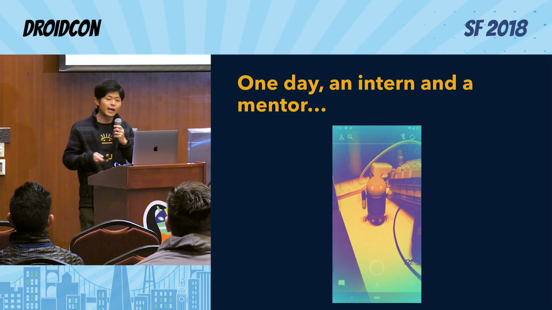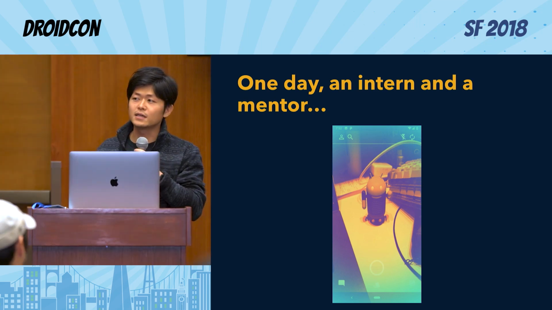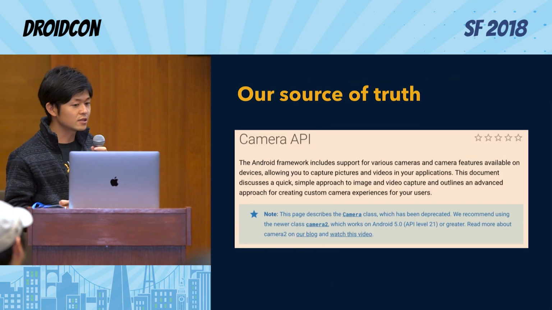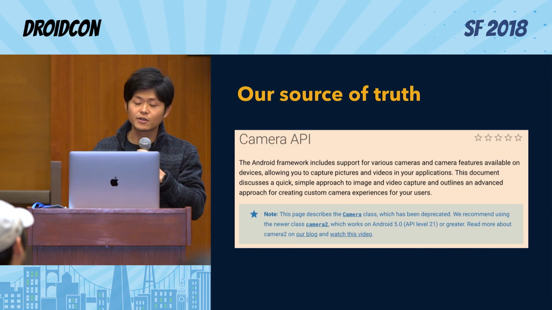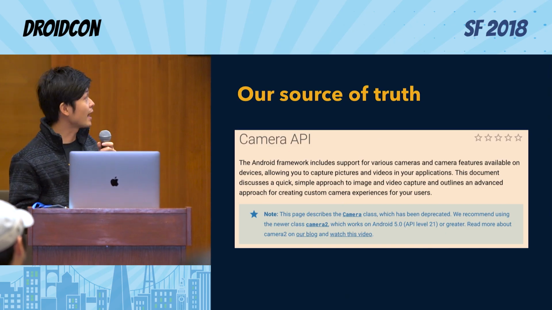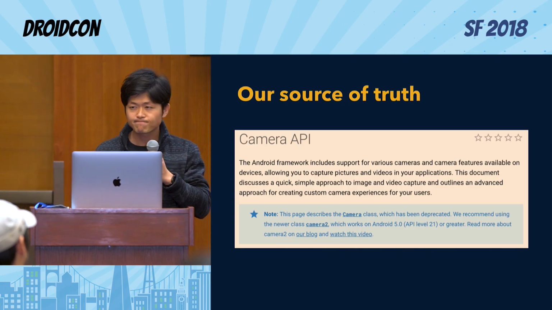I gave him a book on Android to read, but it didn't have a description about camera. So we went to our source of truth, the Android dev documentation, and found out that the Camera API document hasn't been updated for a while for Camera2 API.